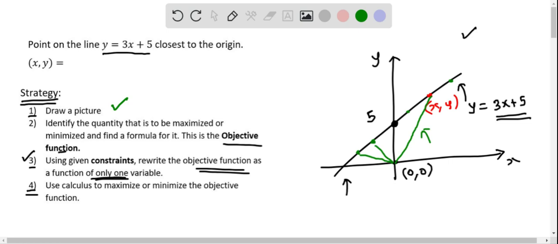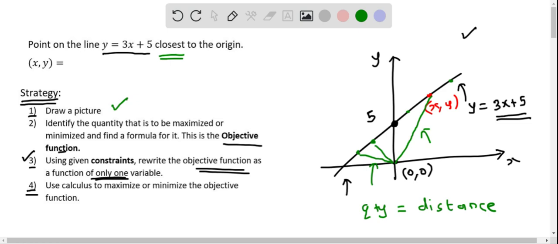In the second step, we have to identify the quantity which is to be maximized or minimized. We have to find a point which is closest to the origin, so we're talking about the distance. The quantity is distance. Distance is the quantity which we have to minimize, so we have to write a function for the distance.